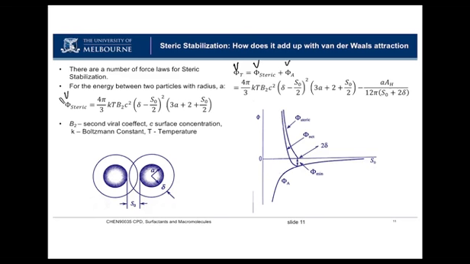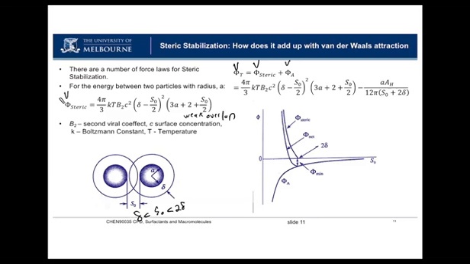So there are force laws for steric forces, and there's lots of different force laws for steric forces. It depends. This is kind of for a weaker overlap, where S naught is 2 delta to delta.